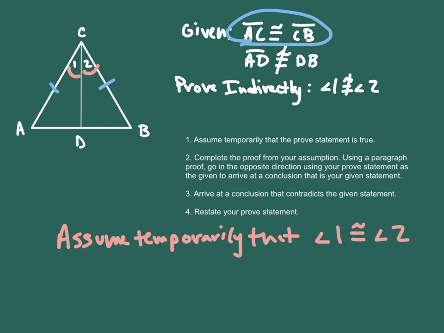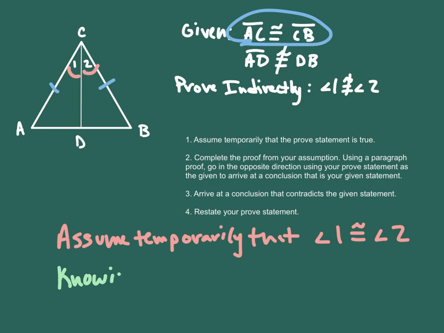So from this given information that AC and CB are congruent and angle 1 and angle 2 are congruent, what can we conclude from that?